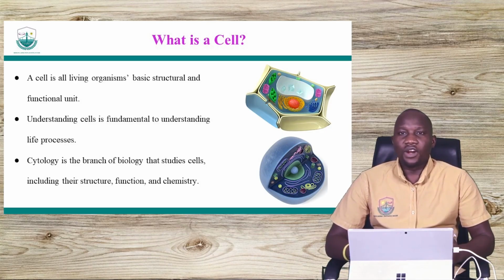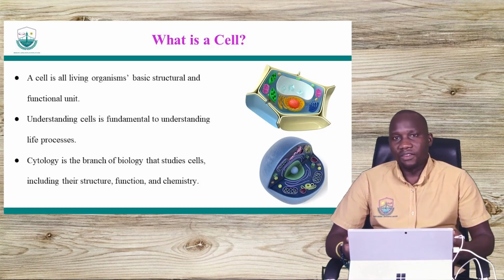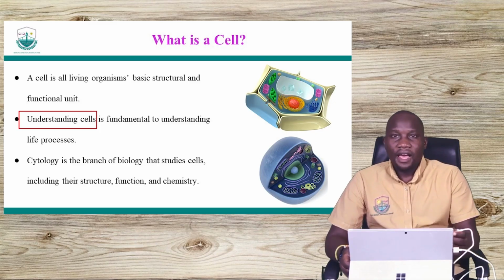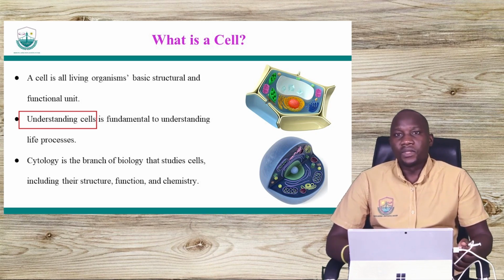So regardless of whether you have a multicellular organism or a unicellular organism, they carry out these functions. So for us to understand how an organism functions, we definitely need to understand the cell. Understanding the cell allows us to understand how these different processes actually happen.